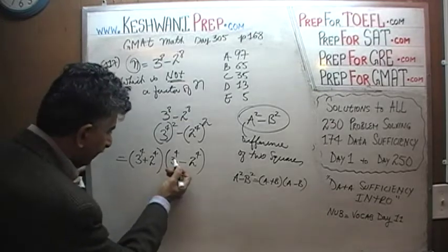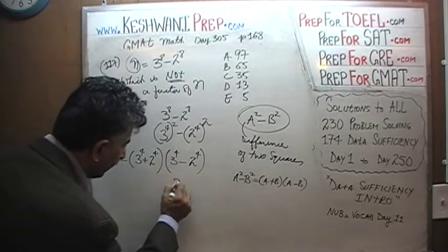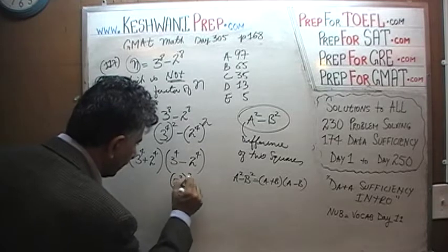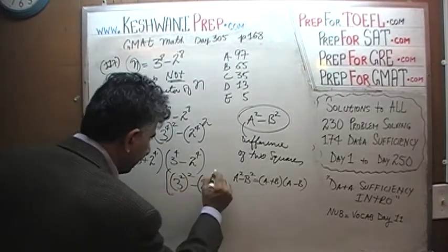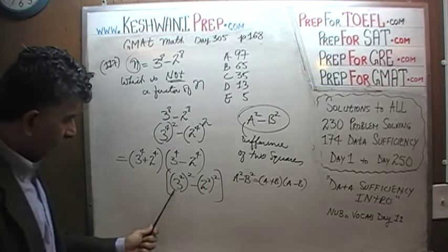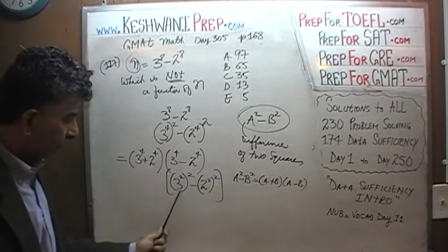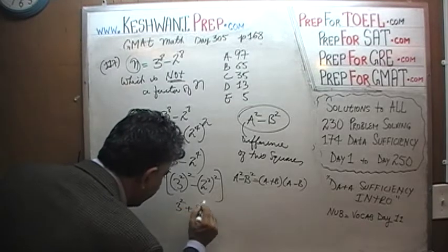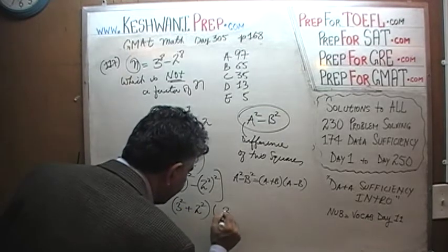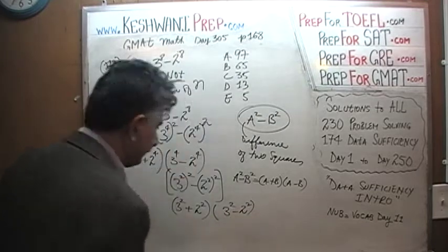This quantity in turn can be written as 3 squared minus 2 squared, and that of course can be further broken up into 3 squared plus 2 squared times 3 squared minus 2 squared. Are you with me so far?